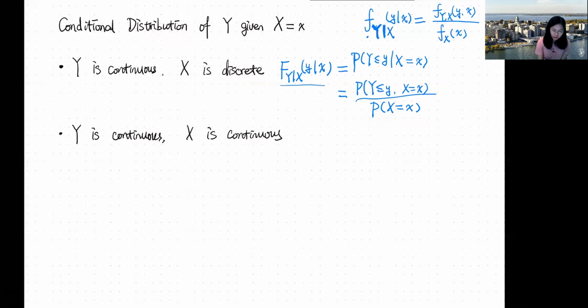And in order to obtain the conditional probability density function, we simply take the derivative of the CDF. Because now we are considering the CDF of Y, we take the derivative with respect to y.